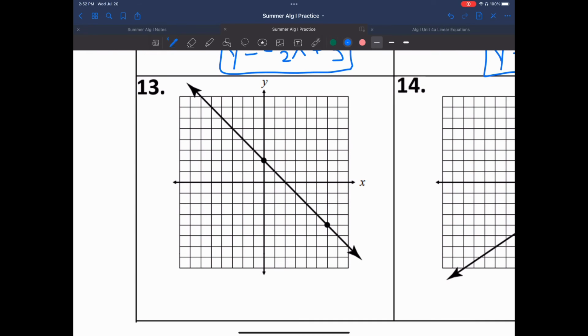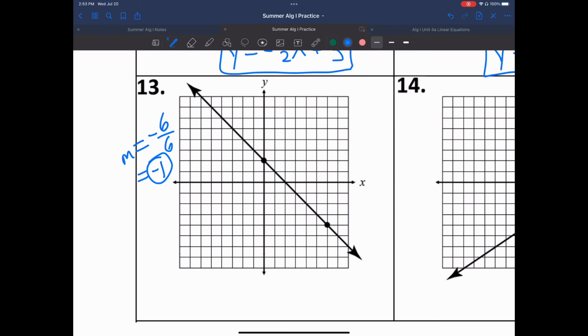Number 13. Let's go ahead and find our m, our slope. Let's start from this point and head to this one. So we've got negative 1, 2, 3, 4, 5, 6. Down 6, so negative 6, and over 1, 2, 3, 4, 5, 6. So negative 6 over 6, that just simplifies to the number negative 1.